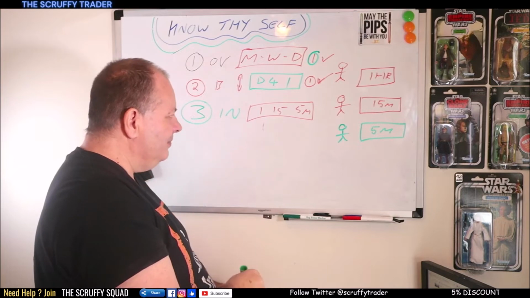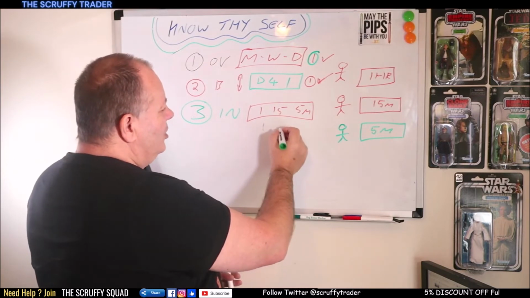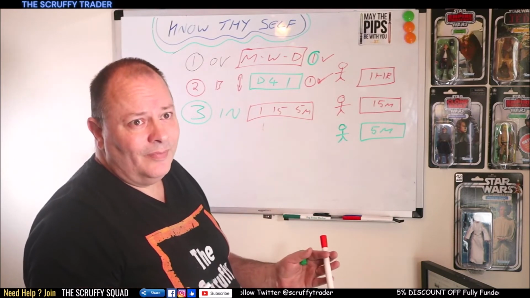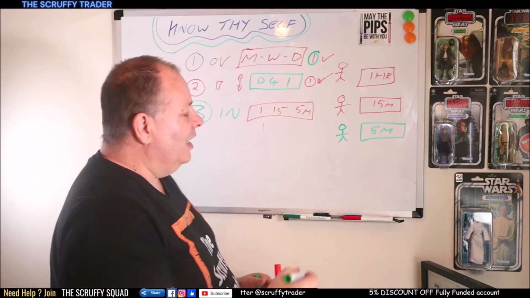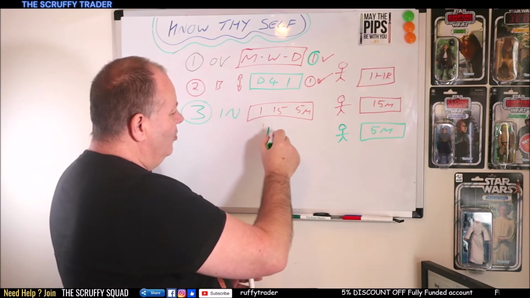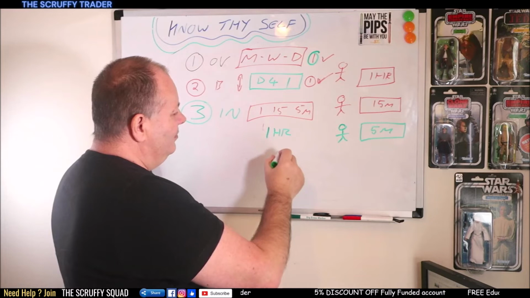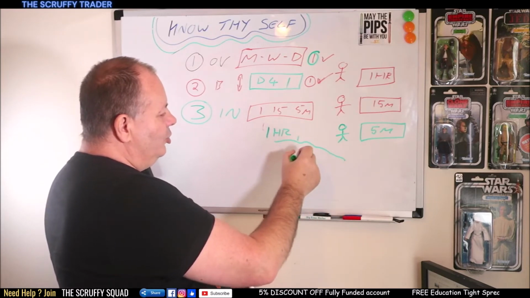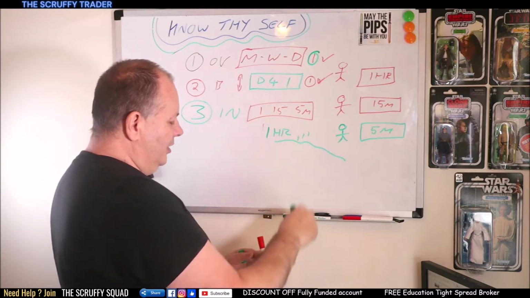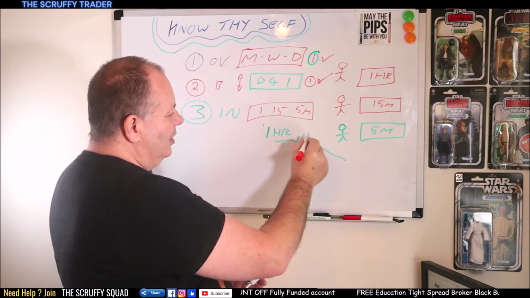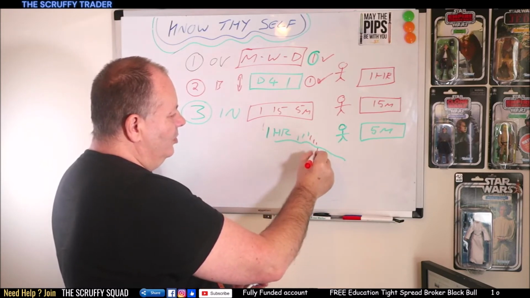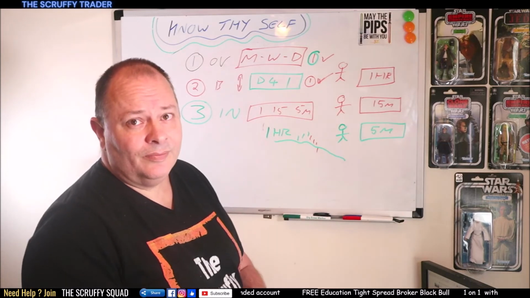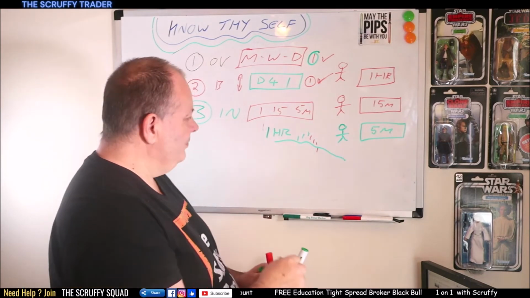So from here, all you would do, for argument's sake, if you are using moving averages, you have your 1 hour, and it has a moving average like this. You ensure that the price is starting to be below it, so it's going with the flow.